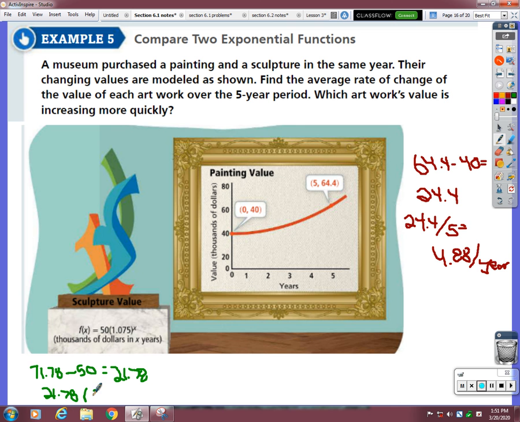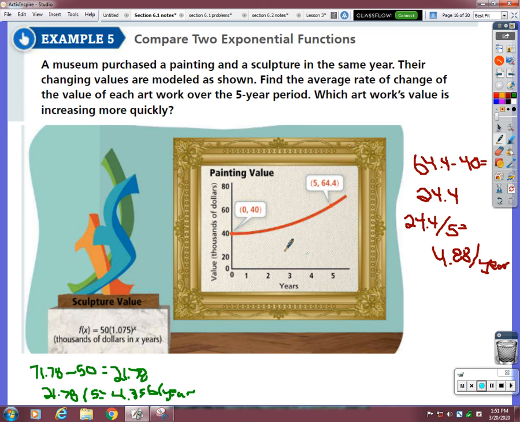that shows me that the sculpture has not gone up by quite as much. 21.78 divided by 5. A little bit too much for my big brain today. It's 4.356 thousands of dollars per year. Man.